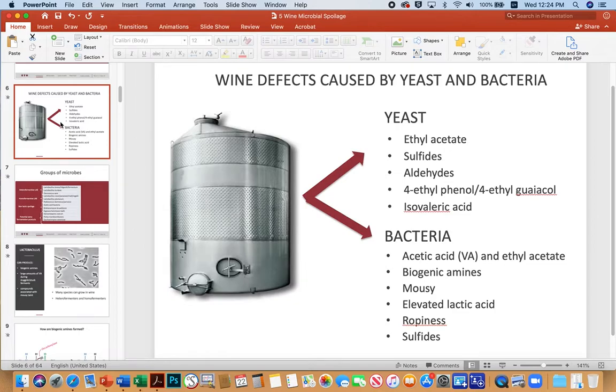This slide is just sort of an overview of some of the specific defects broken into yeast and bacterial defects. And so things like ethyl acetate, for example, which is more of a nail polish remover kind of nastiness that yeasts can produce through the metabolism of acetic acid and ethanol. Sulfides are these rotten egg smelling things, and that usually comes from amino acid catabolism.